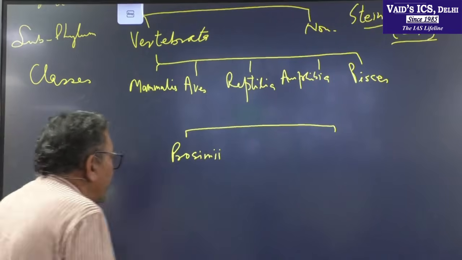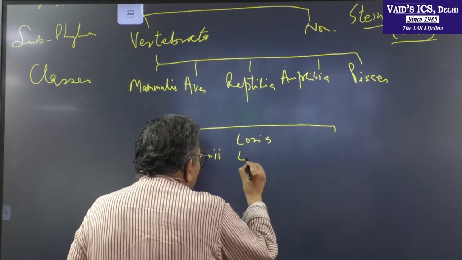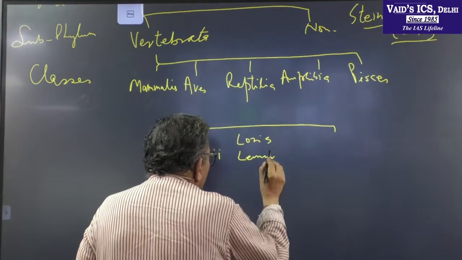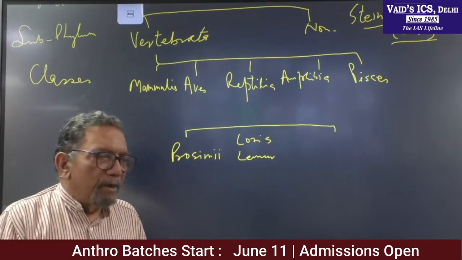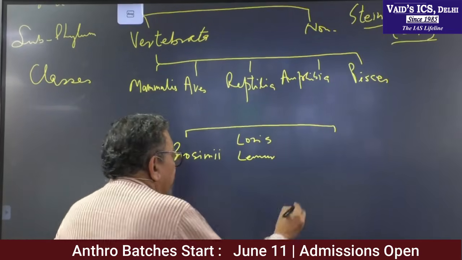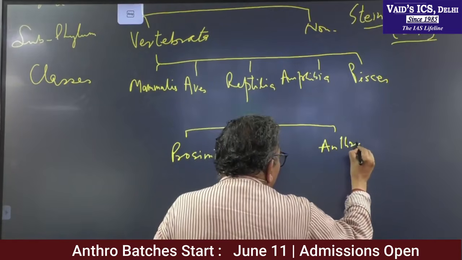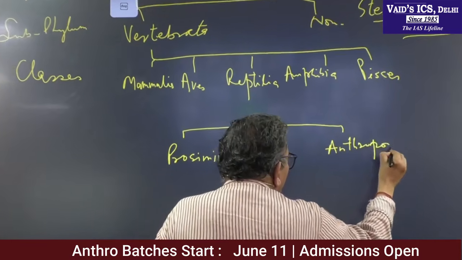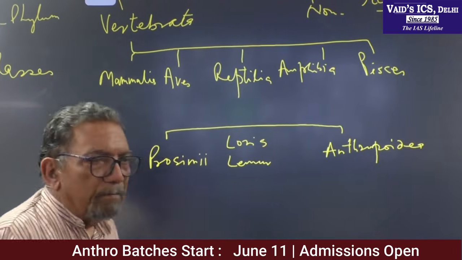And their members are loris and lemur. Primitive monkeys or lower primates. And then the second one is Anthropoidea, or higher primates.